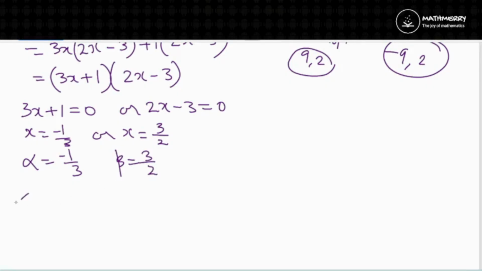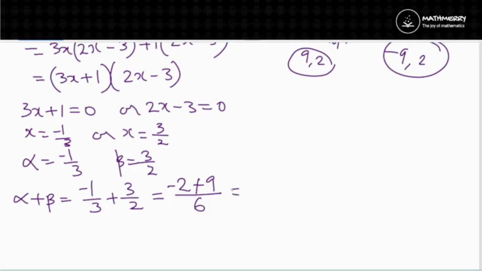Now here alpha plus beta, it's minus 1 by 3 plus 3 by 2. So we have to cross multiply this, then we will get minus 2 plus 9 by 6.